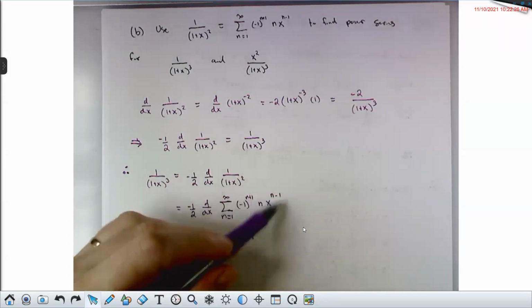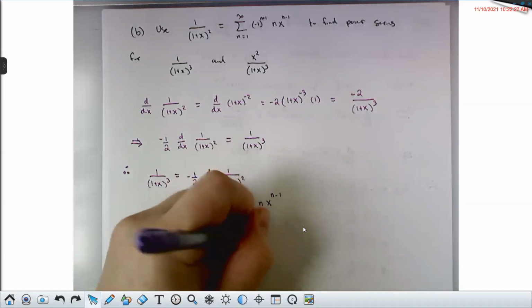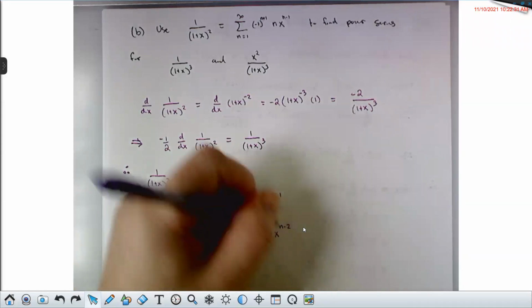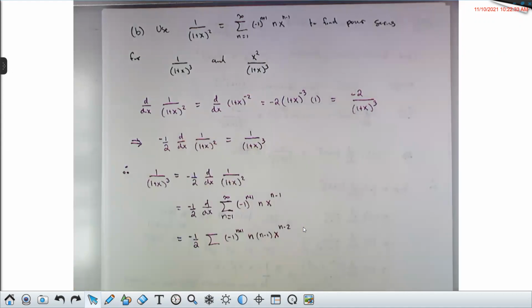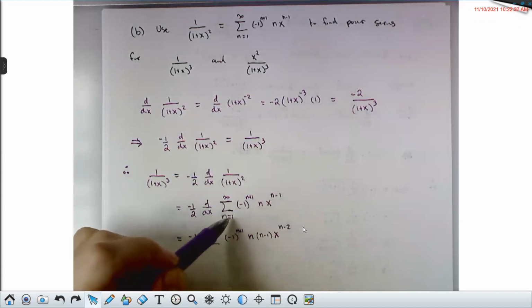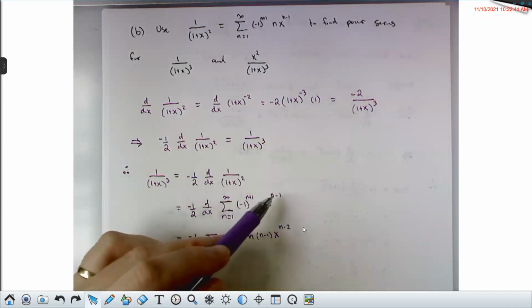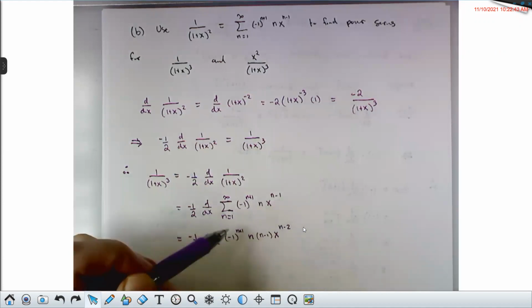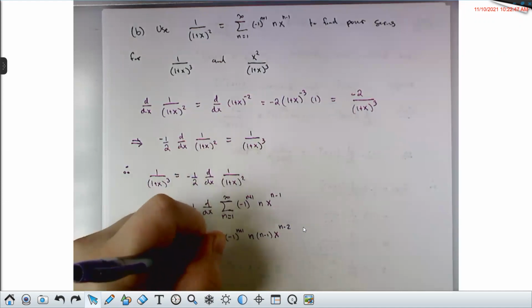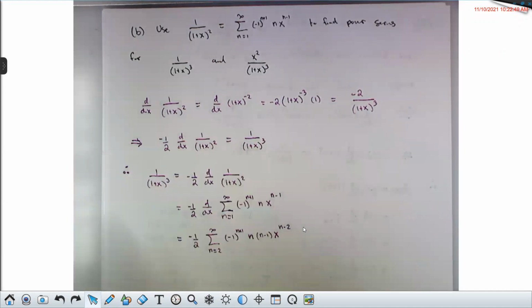The derivative of x to the n minus 1 is n minus 1 x to the n minus 2. Does this series have a constant term? Well, when you plug in n equals 1 here, you get negative 1 x to the 0. x to the 0 is a constant. So yes, we will bump this starting index again. There's the power series for 1 over 1 plus x cubed.